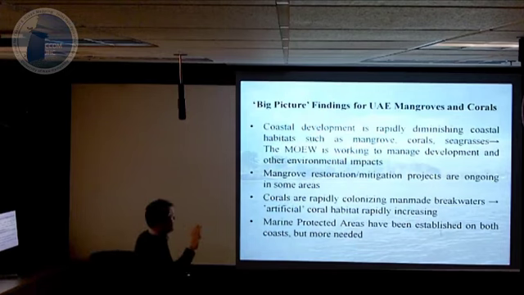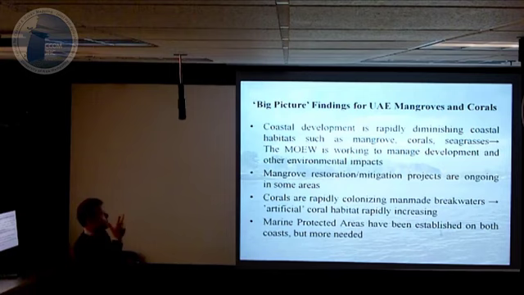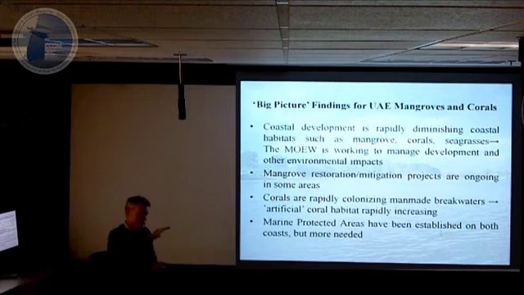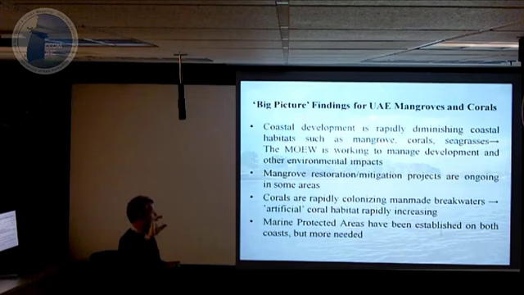I knew I'd be out of time at this point, but basically just do big picture findings. Coastal development is just, it's incredible over there, how much dredging and filling is going on, and I'll show you one example. But it's diminishing the coastal habitats, mangroves, corals, seagrasses, you name it. The MOEW, the Ministry of Environment and Water that we're working for, I mean, I just can't imagine being a management agency in that kind of environment that's just driven by huge money.